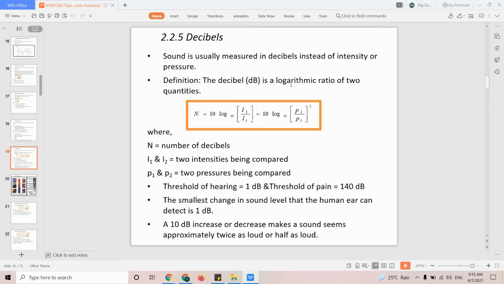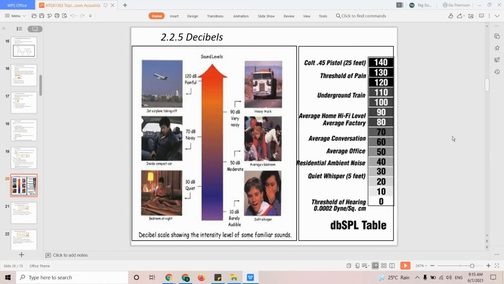So when it comes to logarithm, it's just a method of simplifying values. Logarithm values can be very, very big and very, very small, and it is able to make this value into a very simplified value.